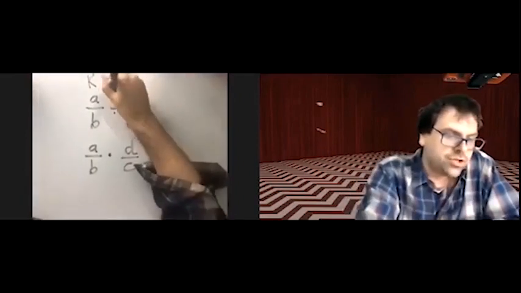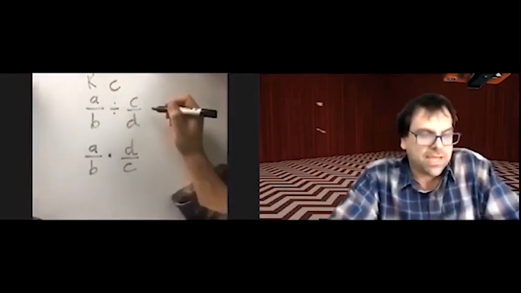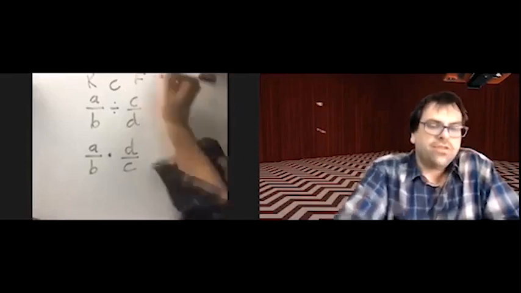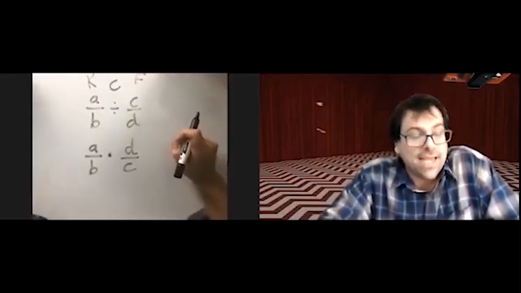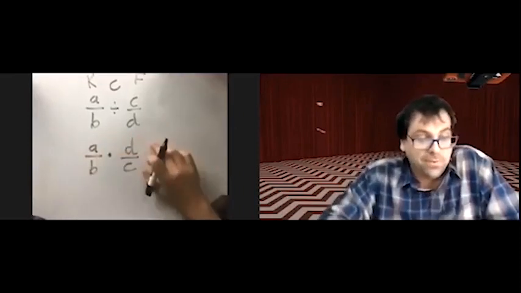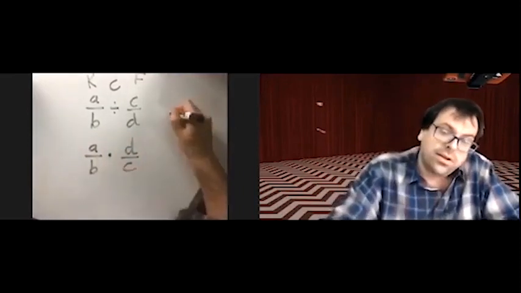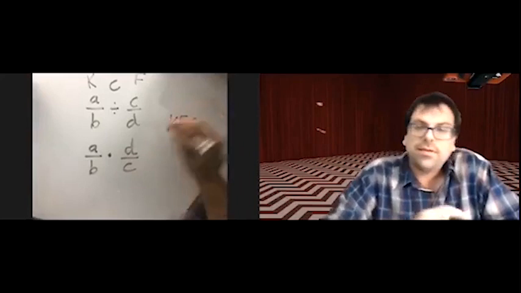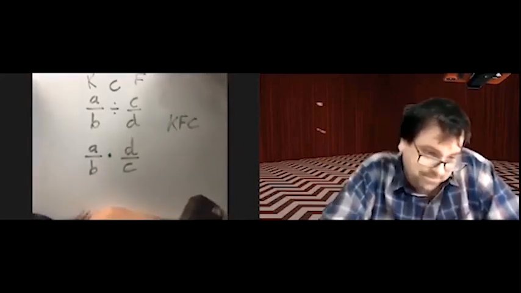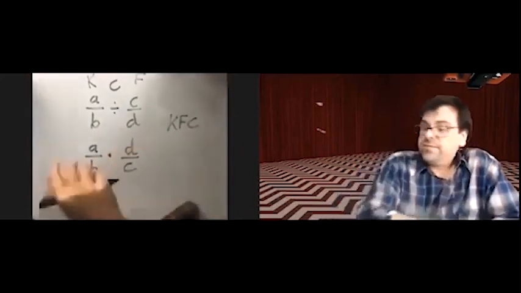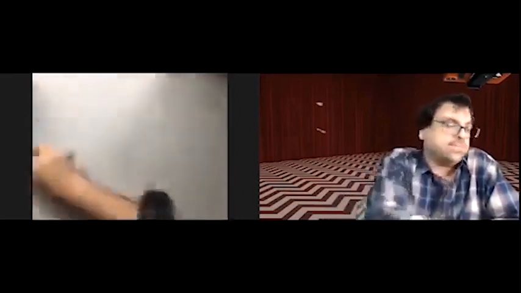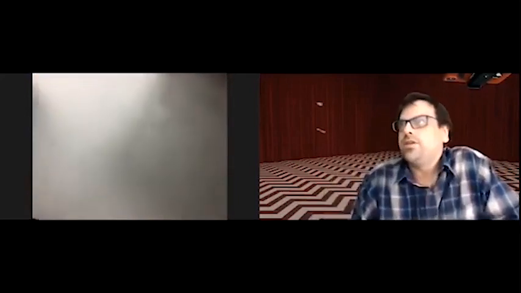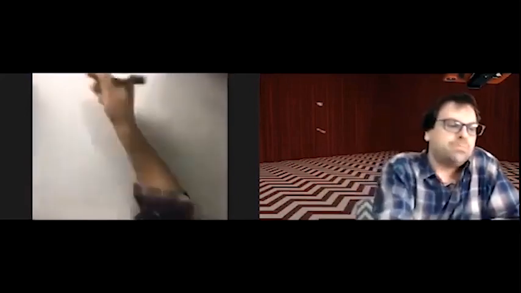We change division to multiplication, and then we flip the second. And if you want to say keep, flip, change, then you have the kernel to help you out. But dividing by a fraction is multiplying by the reciprocal. Division is just multiplication of an amended problem.